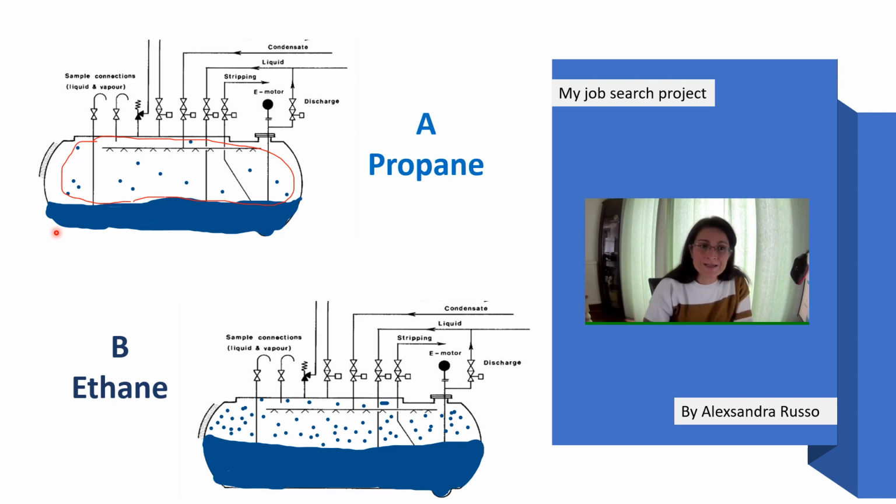So let's see in more detail what happens when we load a tank of LPG cargo. Just pass it on this drawing, without considering the pipeline of the tank, but just the closed system tank.